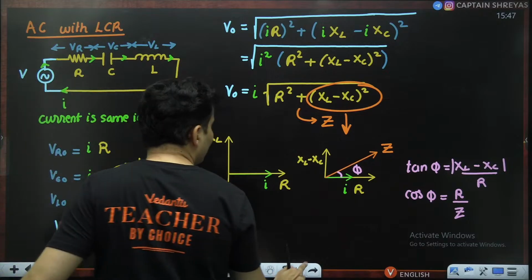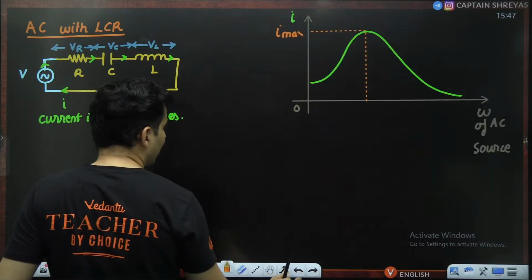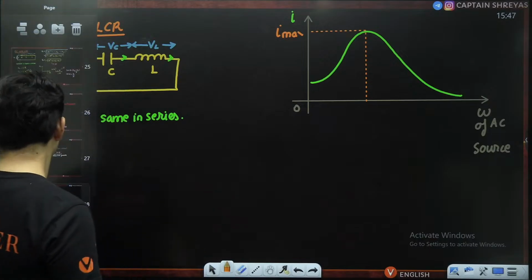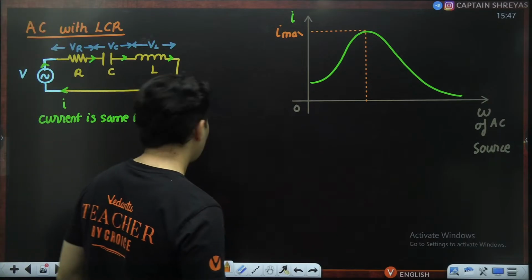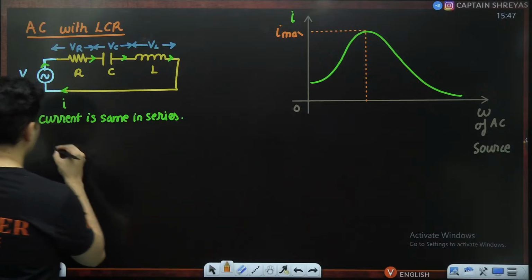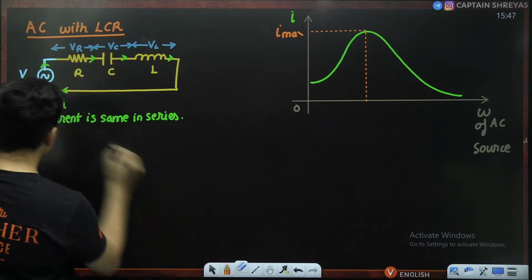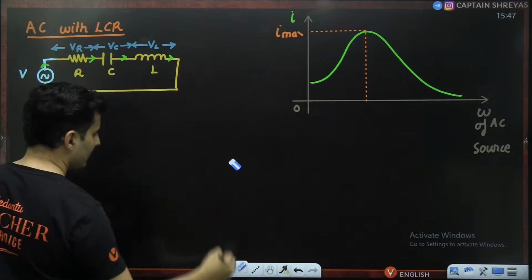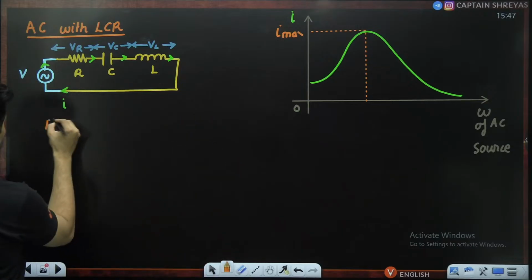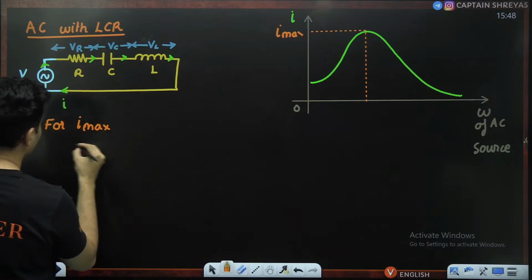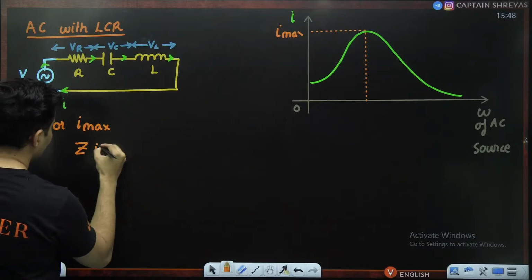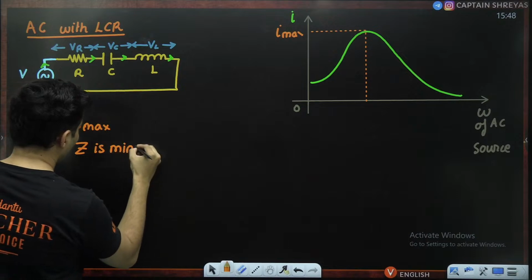So therefore, that maximum current happens when, I can say for I max, Z is minimum.